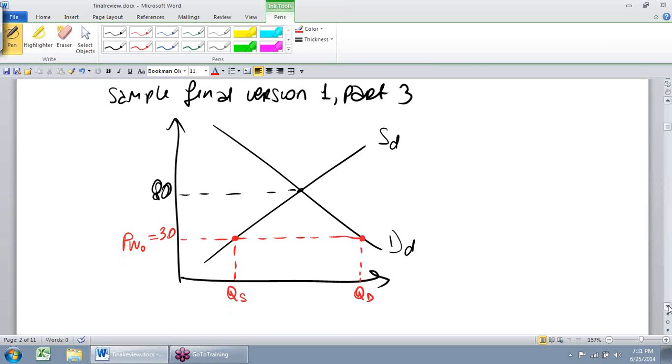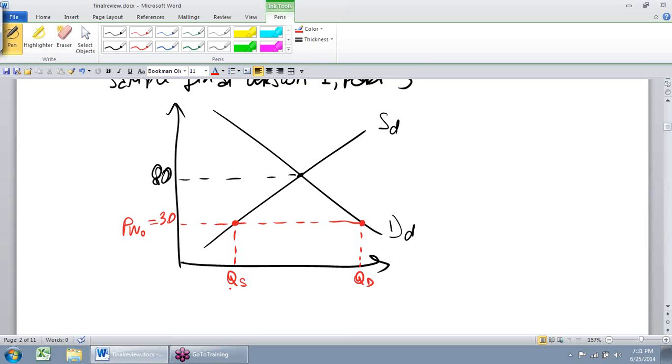Since the producers were only selling QS units and the buyers wanted QD, the difference, QD minus QS, are the imported units. So initially, at the price of 30, QS units were sold, QD units were bought, and QD minus QS units were imported. Okay? Is it clear? So this is our initial situation.